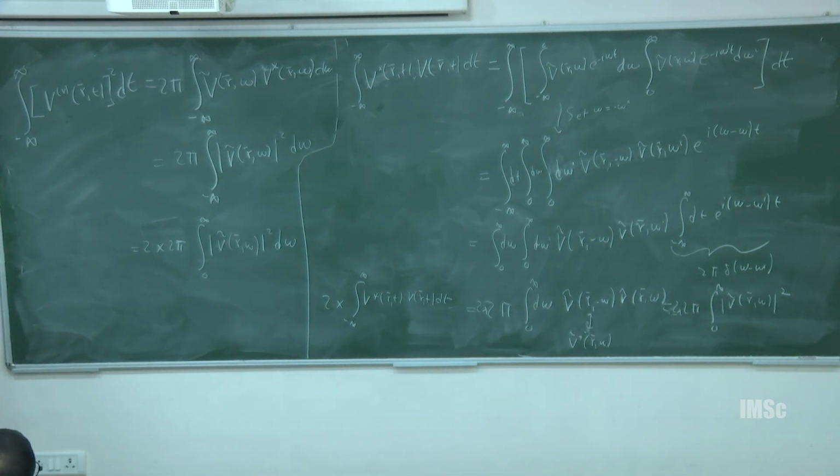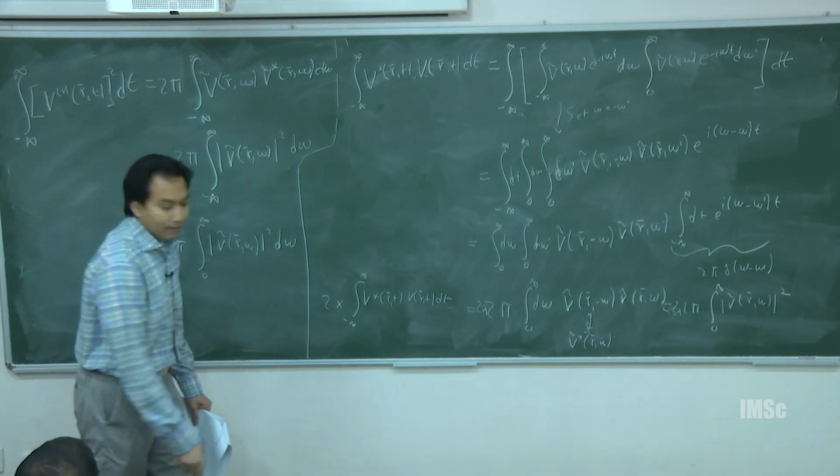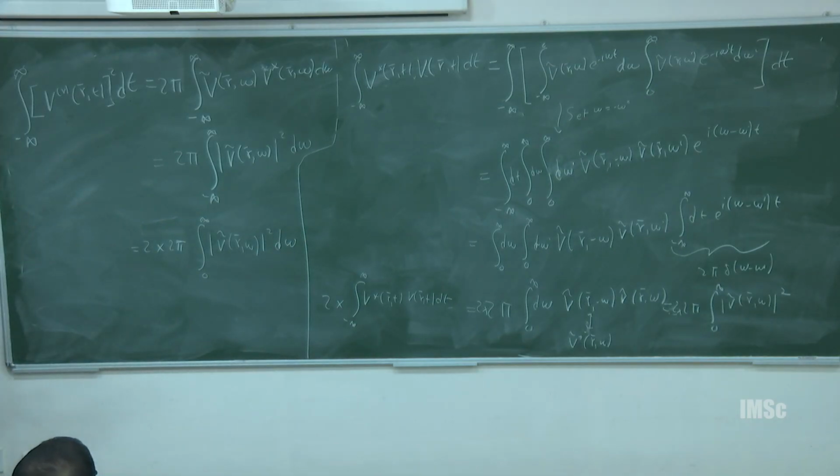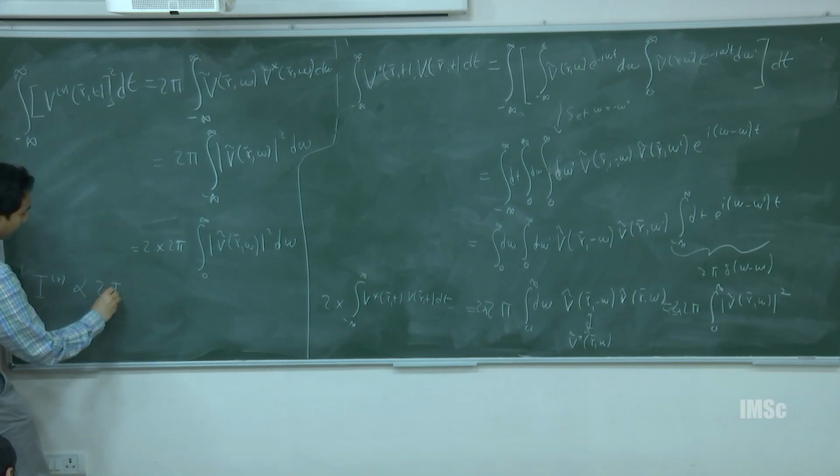Once you take the average, that gives you the intensity. That will relate the intensity of the real optical field calculated from classical electromagnetic theory to the intensity calculated through complex analytic signals from the coherence theory. And that will tell you that the real intensity is proportional to this.